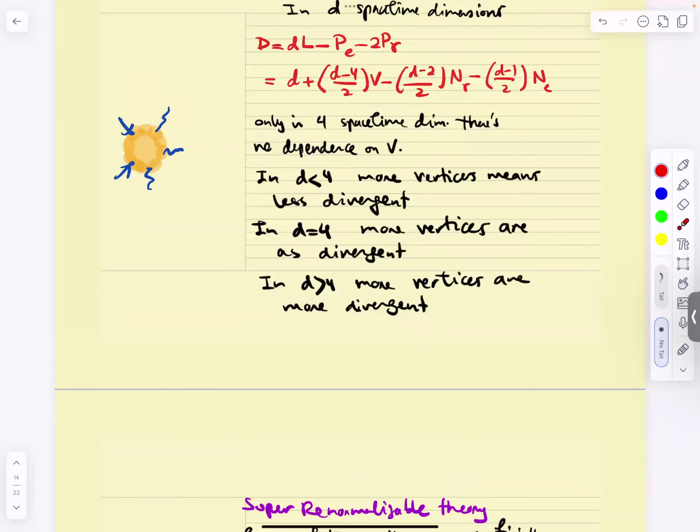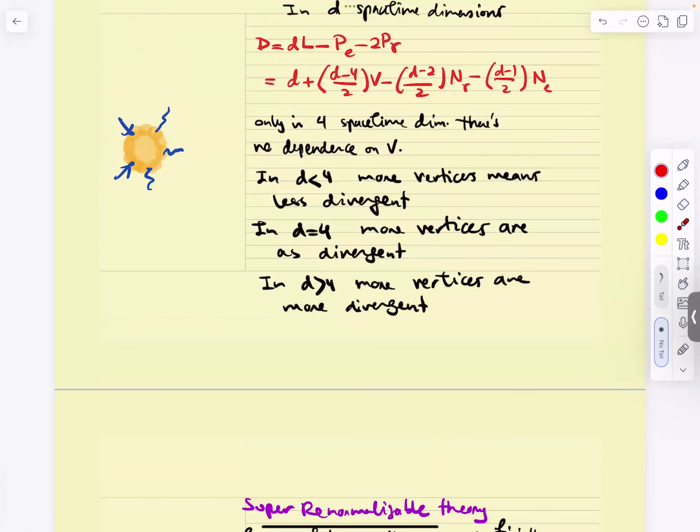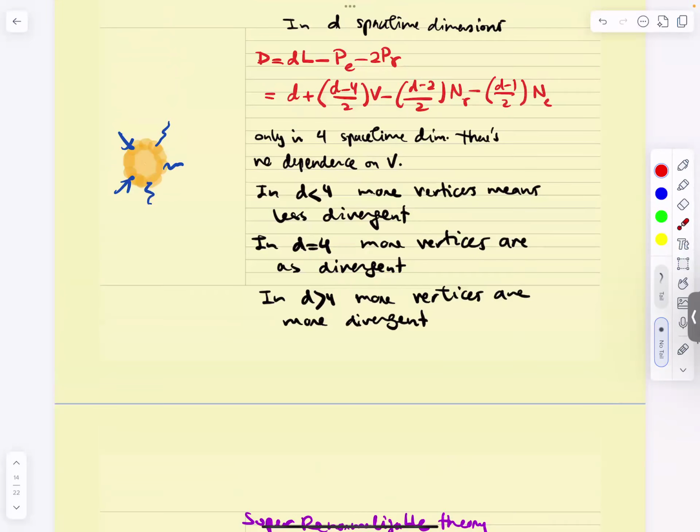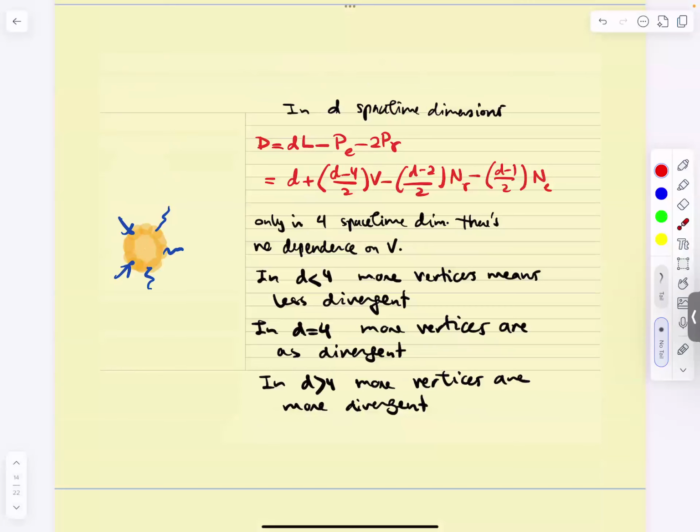So what does this mean? It means that we could split our analysis of QED into these 3 types of behavior, which go with different names. We say a theory is super renormalizable if there's a finite number of Feynman diagrams that superficially diverge. This is the case in d less than 4.